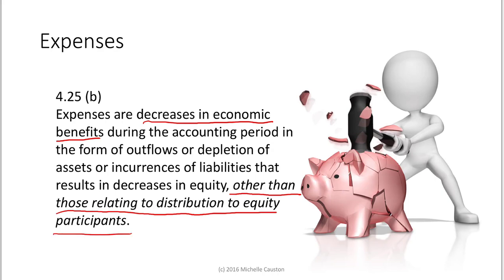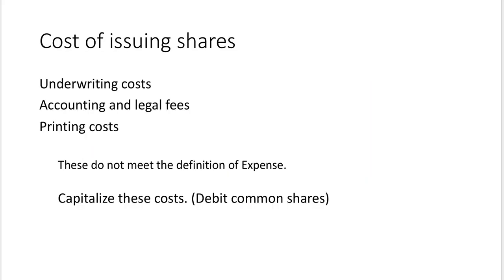And that's the part of the definition that tells us these costs are not a current expense. So as a result, we capitalize these costs. And simply put, we debit them to the proceeds from the share issuance. So debit common shares.